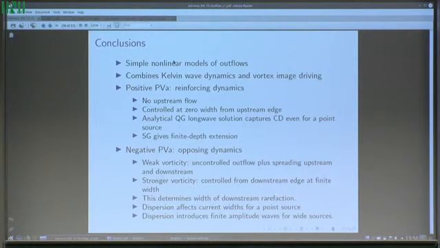And I didn't show you, but when you compare it to the full integrations, you find that the dispersion starts to affect the current widths for a point source. You're not surprised at that because the point source is extremely narrow and we made a long wave approximation. If we try and improve it by making the source wider, then in fact we find that finite amplitude waves appear in the flow. Okay, thanks very much.